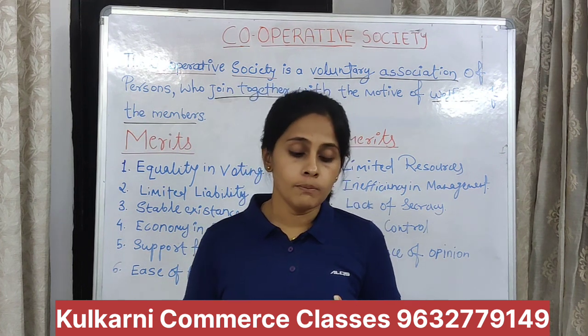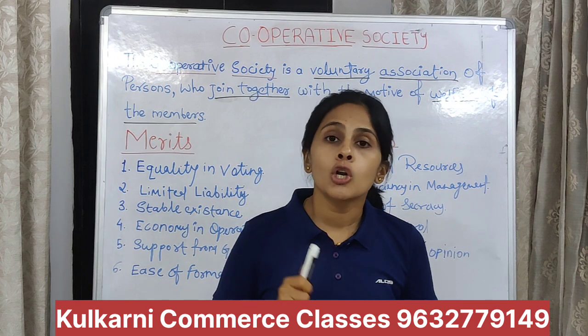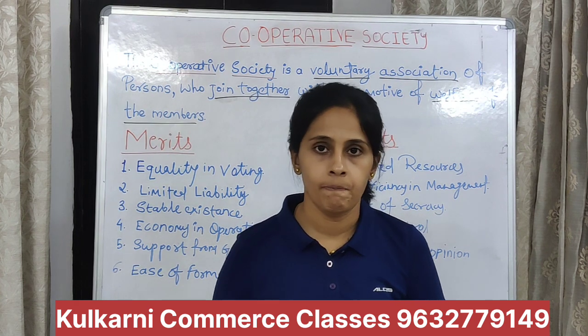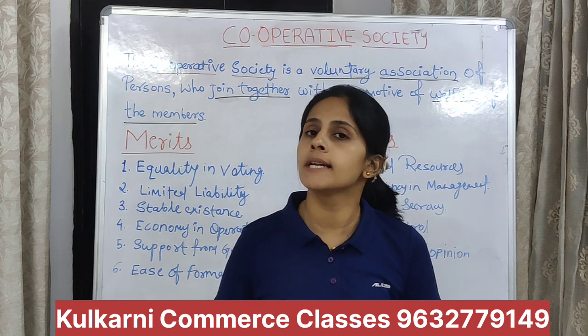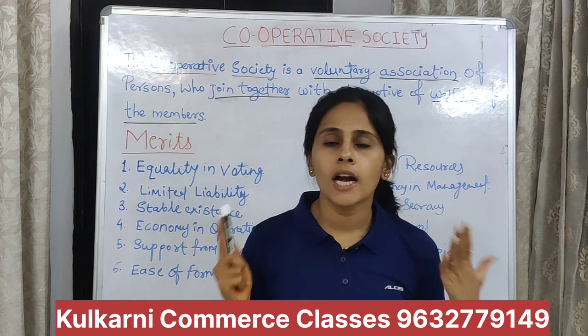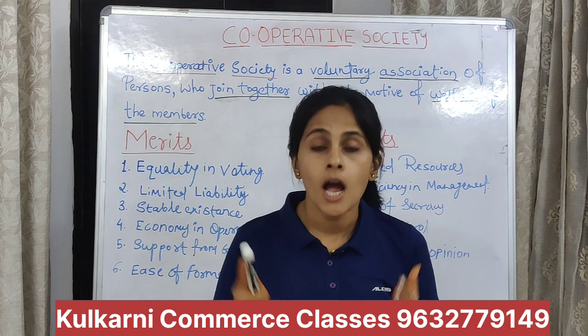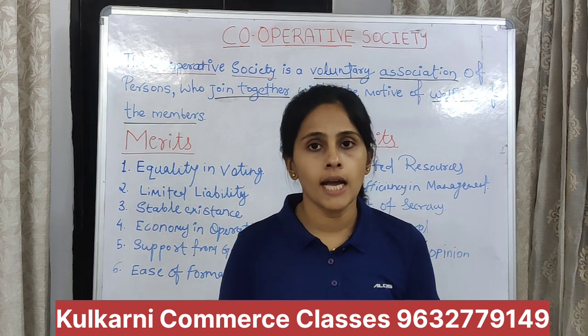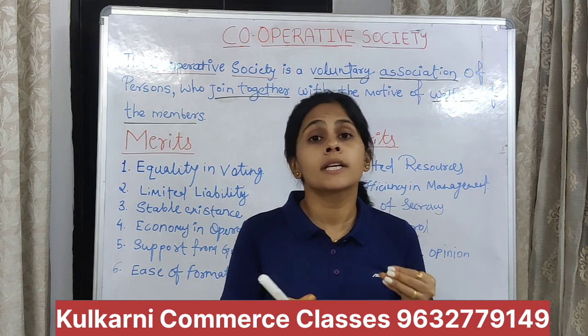For example, if you are running a cooperative bank, then you have to follow the rules of RBI. You have to follow the rules and regulations of the state government and central government. Any kind of cooperative society must follow the rules and regulations of the government, and they will interfere. Sometimes they will also nominate members to the decision making board.